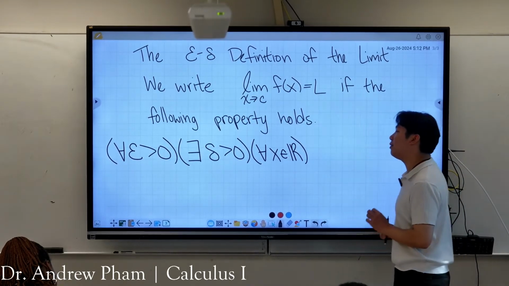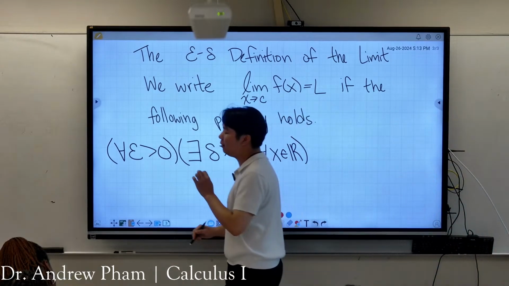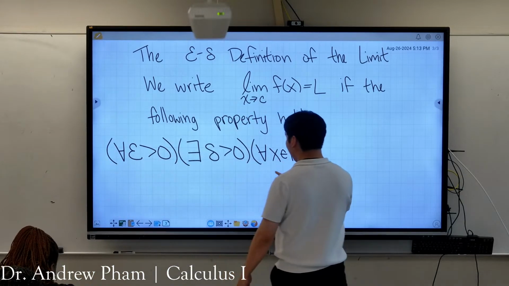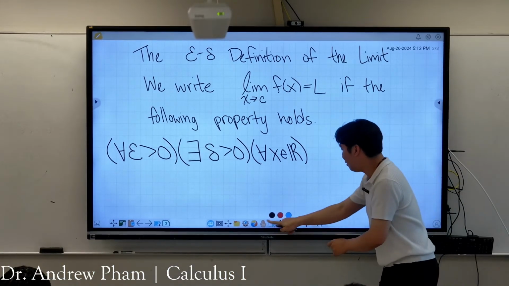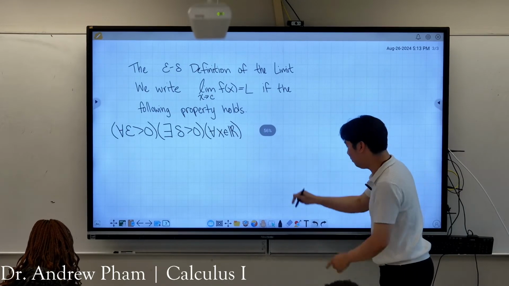So we said for all epsilon greater than 0, there exists a delta greater than 0, such that for all x that belong to the set of real numbers, we have, let's see, usually I would write it right here. Let me zoom out so I can write this. There we go. That should be sufficient.